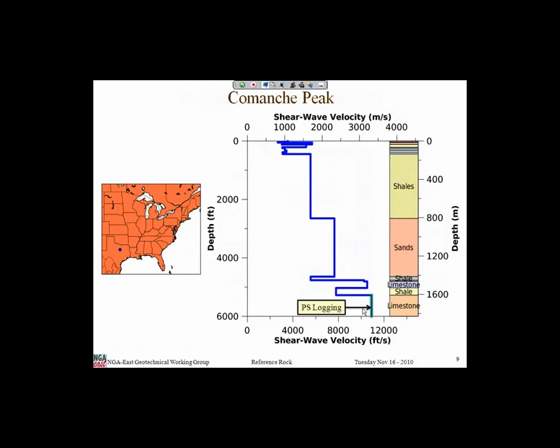This is Comanche Peak in Texas. We're looking at our rock being down at a depth of around 5,000 feet. So here we're going really quite deep in our definition of where this rock is.